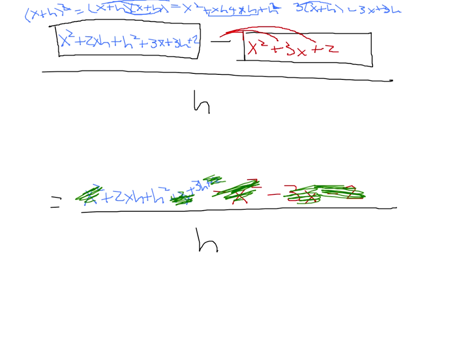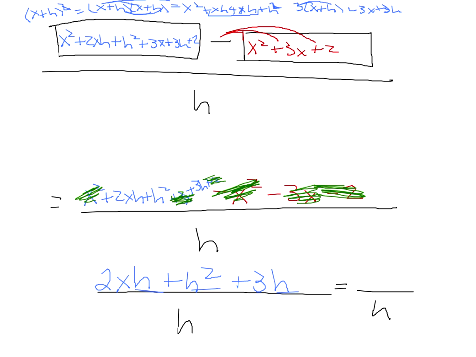So notice, okay, so now, continuing on, things that are left are in blue, so I get a 2xh plus h squared plus 3h. Now notice in every one of these there's at least an h. So I'm going to pull this h out on the top.